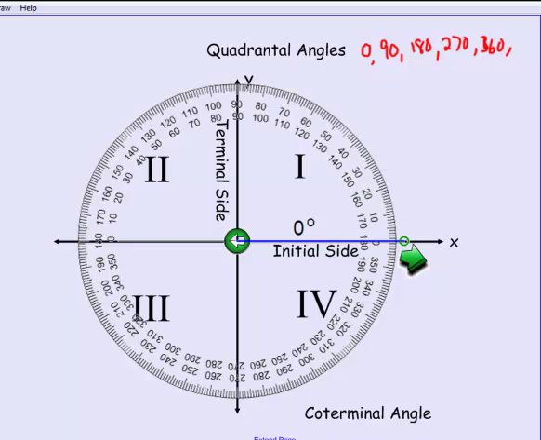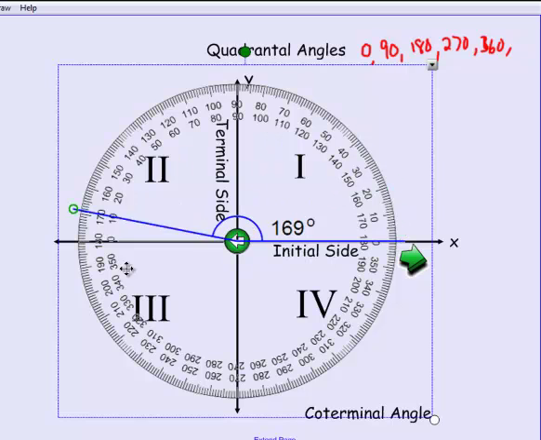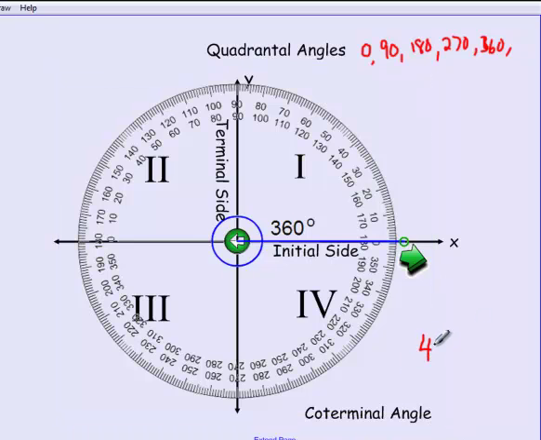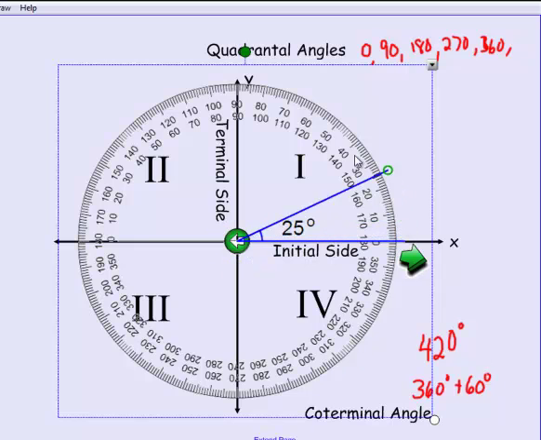Now that's another thing that this protractor doesn't show, but you just don't stop at 360. You keep going. I could actually make an angle that goes, let's say, 420 degrees. So if I wanted to do a 420 degree angle, that means I go 360 degrees plus 60 more. So very simply, I spin around positive 360, and then I go 60 degrees more.